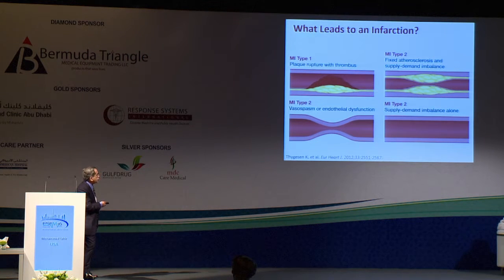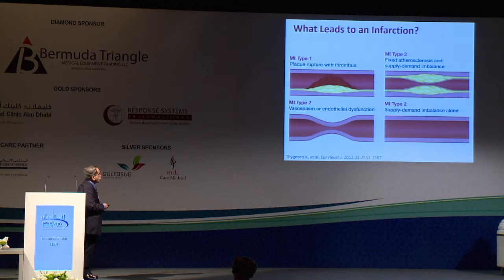What happens when you have a type 2 MI? There are different scenarios. One is that it's all about demand and supply. This can be a demand and supply problem where there is a fixed atherosclerosis. You exercise, your demand increases, and you will have a troponin leak. You can have a vasospasm, which will behave exactly the same way. There is no fixed stenosis, but the end result is going to be the same. There is going to be elevation of troponin.